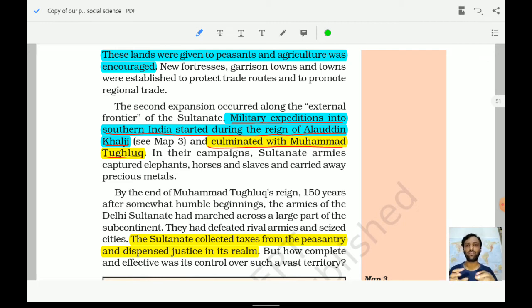And remember why they were giving so much importance to agriculture. We will see that the Tughlaq will also pay utmost attention, and then Khalji will also pay the utmost attention, and he will take the entire land into direct control, rather than the people who were earlier the lords of these lands.